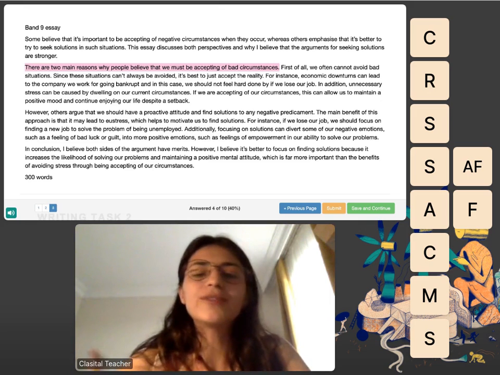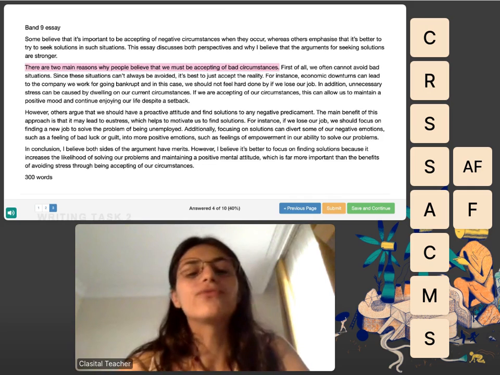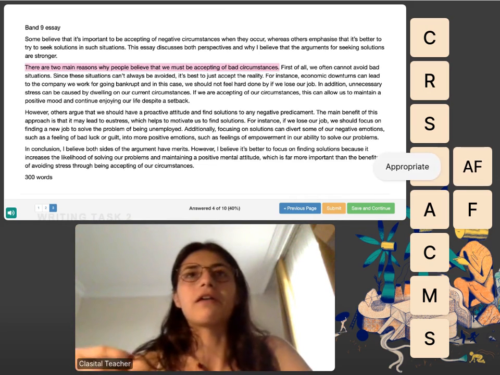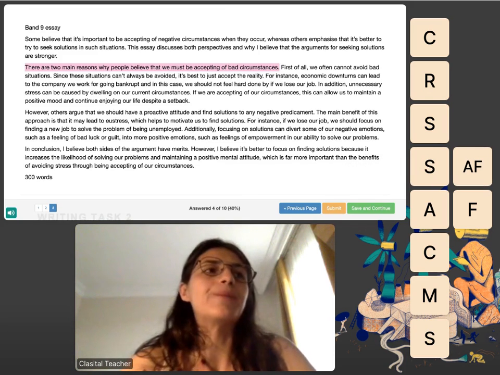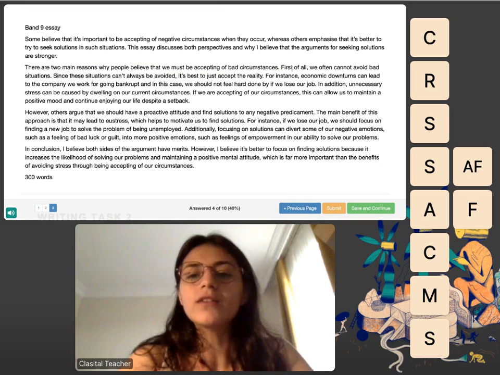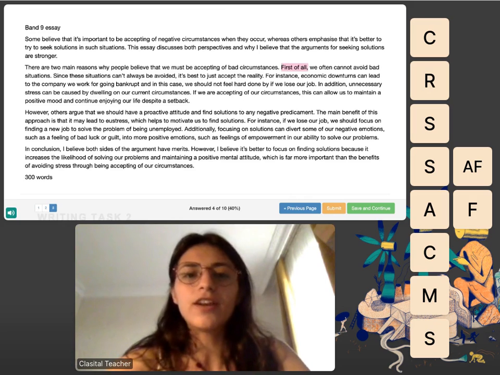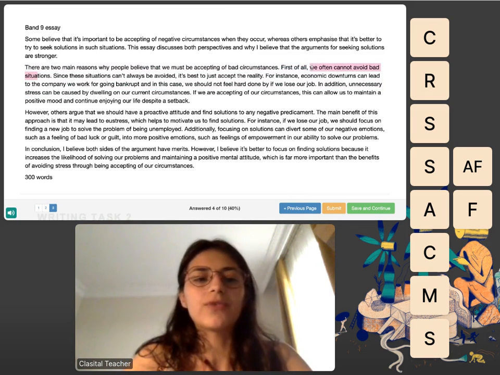And it really shows the examiner that we're organized and we know what we will write before we write it. So it's a really good way of showing that you can use your time limits and English to write an academic organized essay. Then it uses the correct linking word, correct conjunction, saying first of all, and then gives the first argument, right?